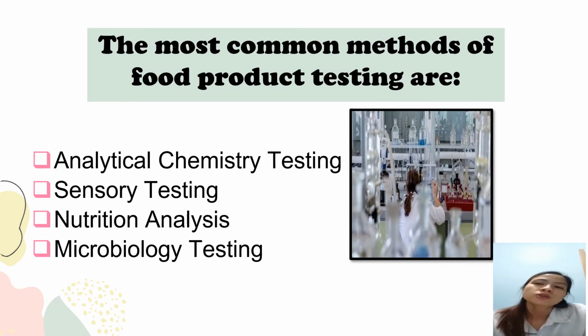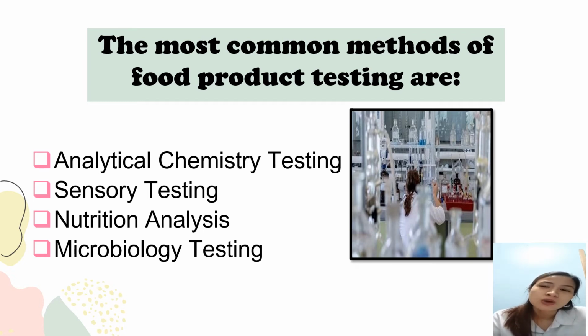The most common methods of food product testing are, number 1, analytical chemistry testing. Analytical chemistry testing involves chemically separating and analyzing the different components of the product, including pH, additives, preservatives, colors, contaminants, and so on.